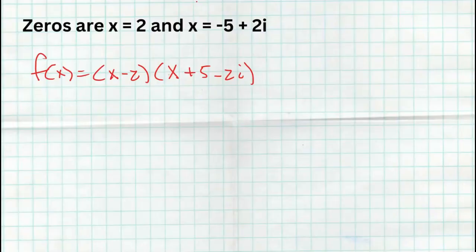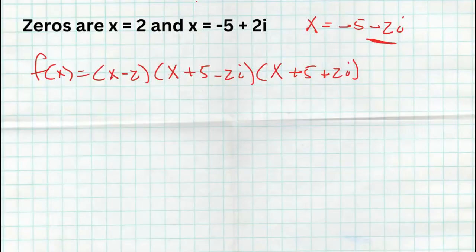But don't forget our really, really important rule about complex imaginary zeros. They always come in these conjugate pairs. So if negative 5 plus 2i is a 0, I automatically know that negative 5 minus 2i is another 0, which means another linear factor would be x plus 5 plus 2i, because negative 5 plus 5 is 0, and the negative 2i and the positive 2i is going to be 0.